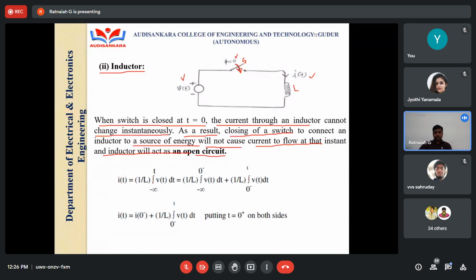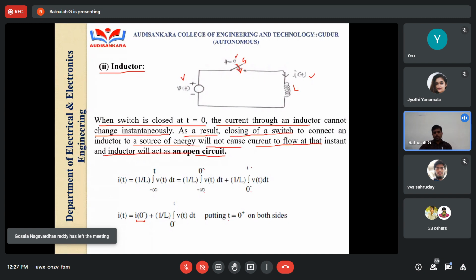Now I'm going to split this integration from minus infinity to 0 minus, and from 0 minus to t. From minus infinity to 0 minus means the switch is open, so I can take this as I of 0 minus. Next one is 1 by L integral 0 to t v of t into dt.